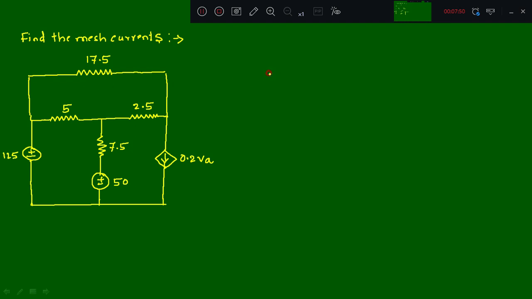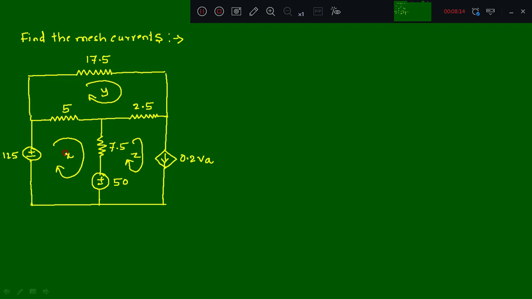Right. So what is the first step? Identify the number of loops. In the given circuit, we can see that we have 3 loops here. So denote them. I'll take this loop as say x, this loop as say y, this loop as say z. There is no such rule.